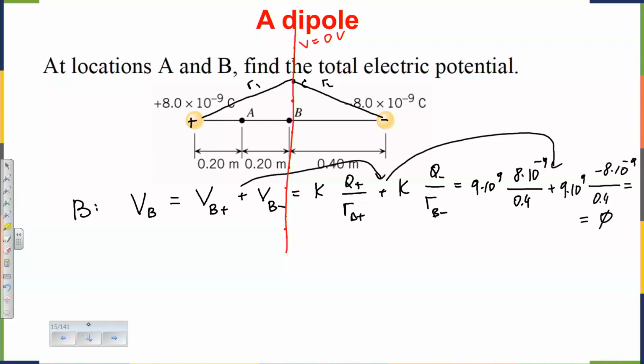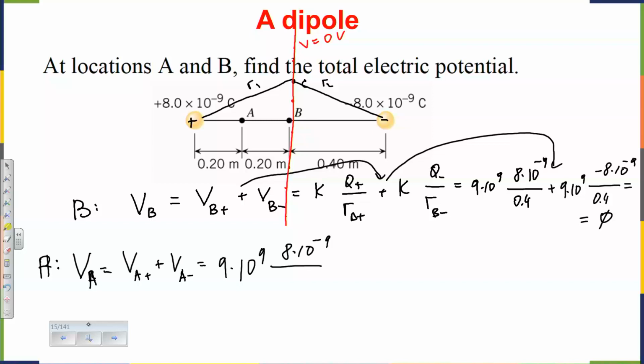Okay, point B done. Point A, exactly the same type of reasoning. Electric potential at point A should be equal to electric potential at point A due to the positive charge plus electric potential at point A due to the negative charge. So we will just plug the numbers in. Same charge, but distance now is different.